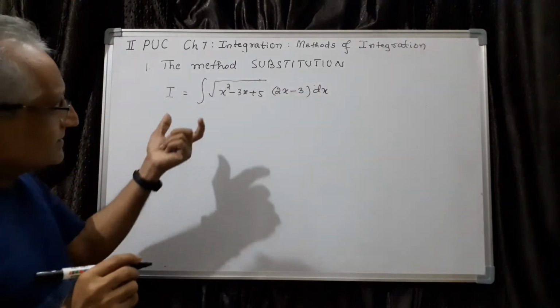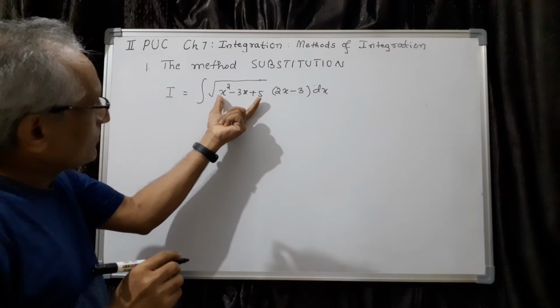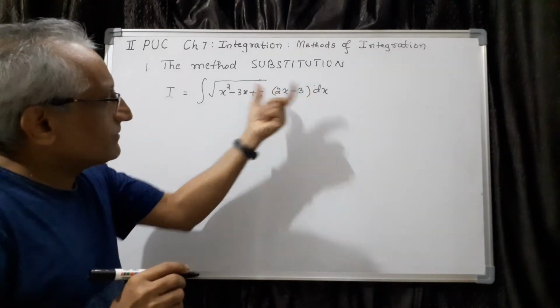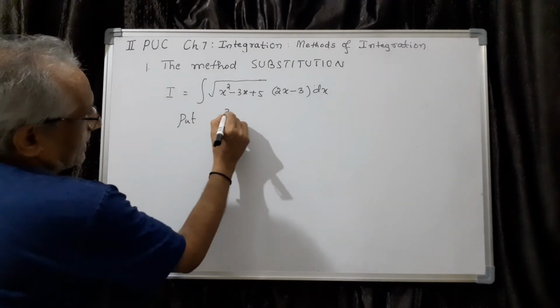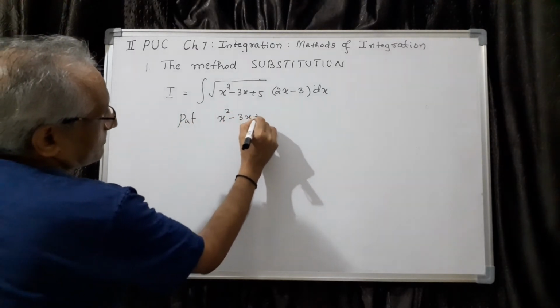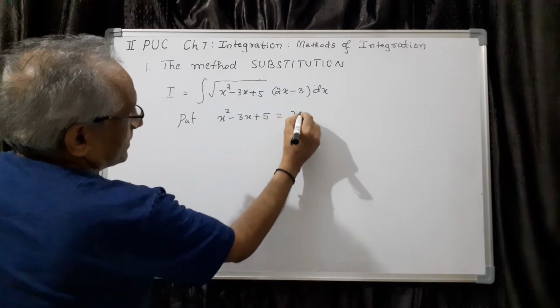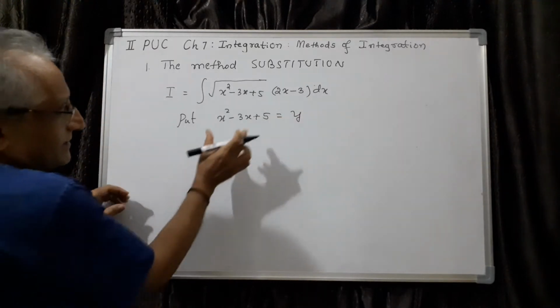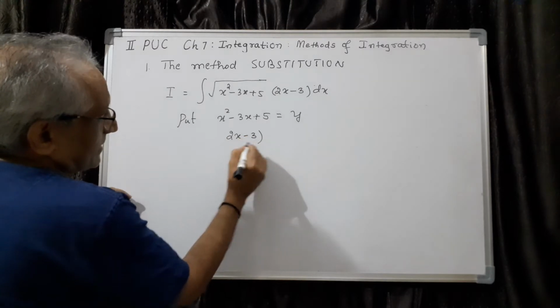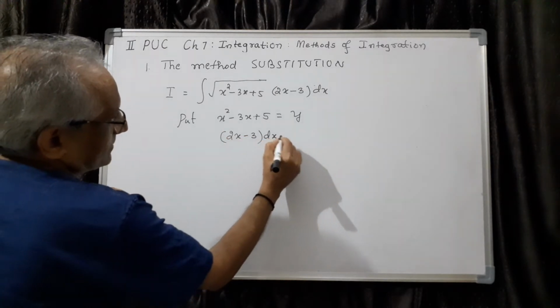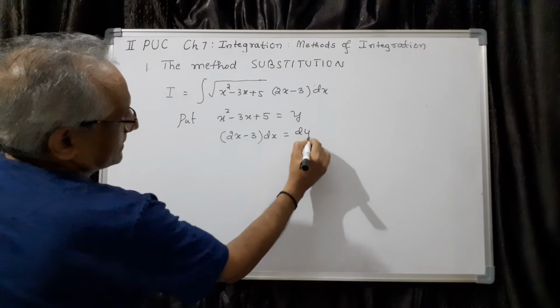So here you can see, if you substitute this equal to y, this itself becomes dy. So what you have to do is put x square minus 3x plus 5 equal to y, we have to substitute. Then differentiate this one, this is 2x minus 3. Then we have to write here dx. So that is the procedure. Then this is dy.